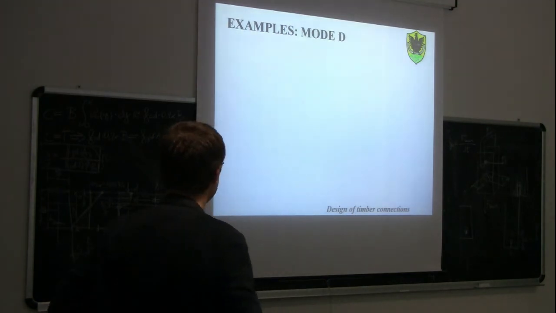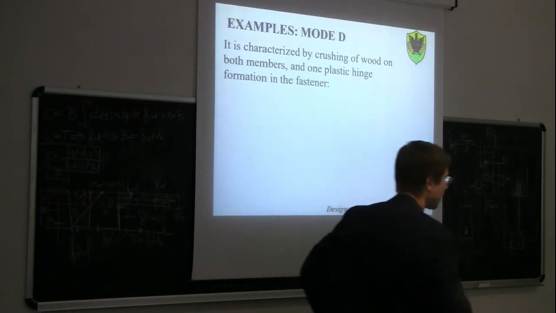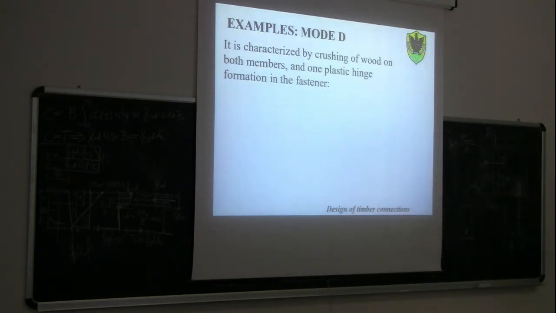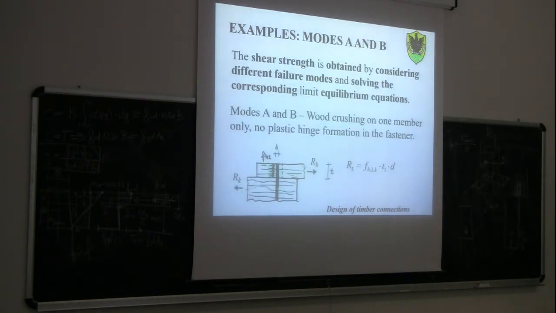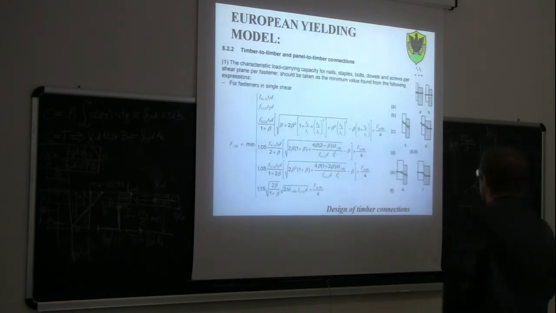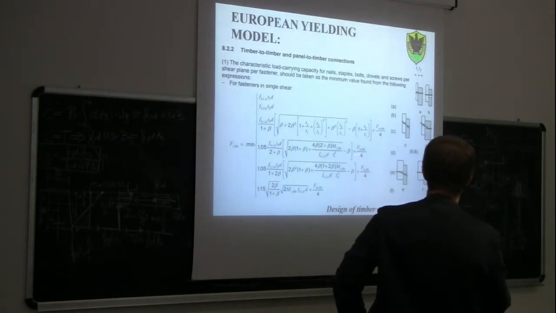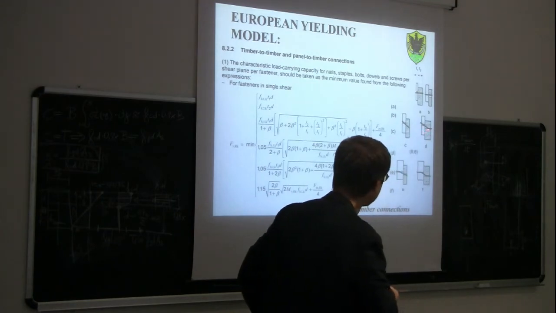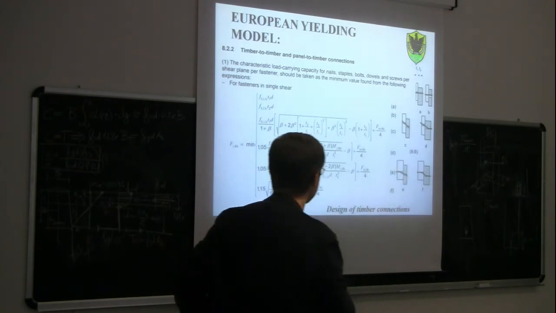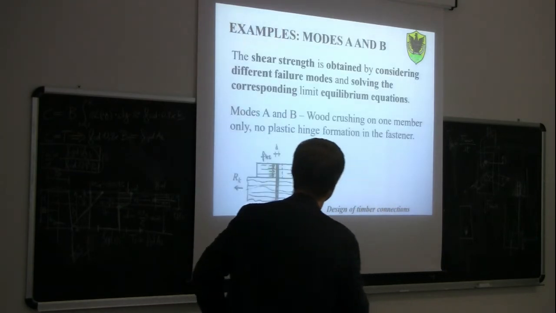Now, another example, failure mode type D. Failure mode type D, as you can see, is characterized by crushing of timber at the interface with the dowel and by 1 plastic hinge formation in 1 member. So for failure mode type D, we have to write a more complex equilibrium equation.